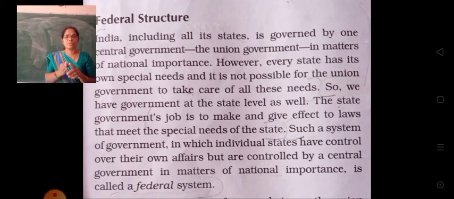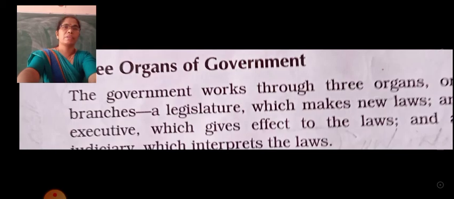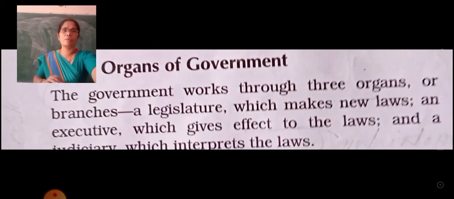Now see the three organs of government. The government works through three organs or branches: the legislature, the executive and the judiciary.